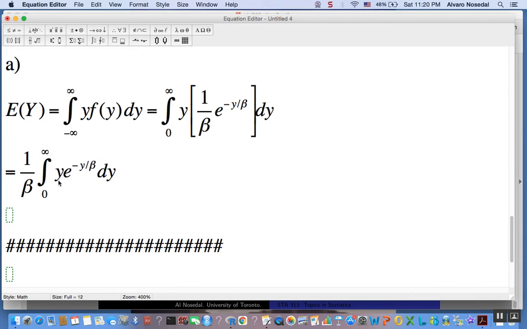You could do integration by parts and find that integral. Another way would be using a trick that we have used before in other videos, and one that we're going to be using again frequently in this course. In Bayesian statistics we do this a lot.